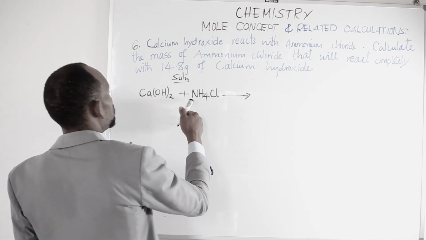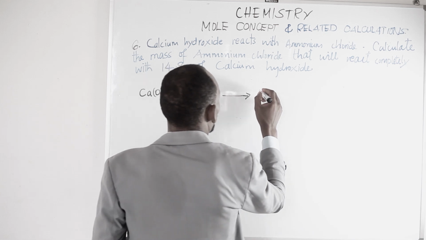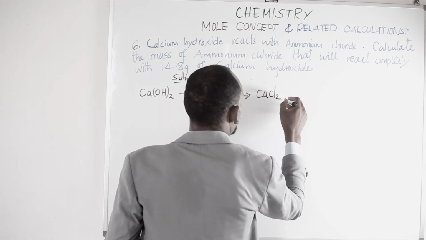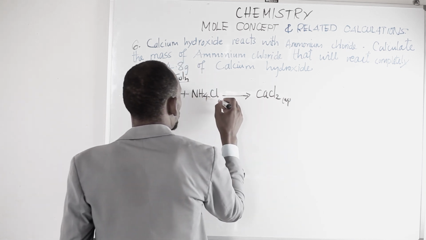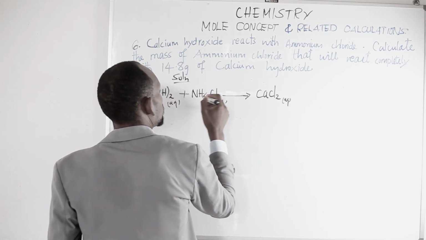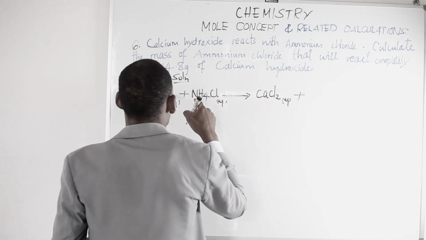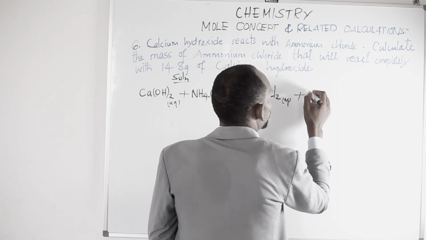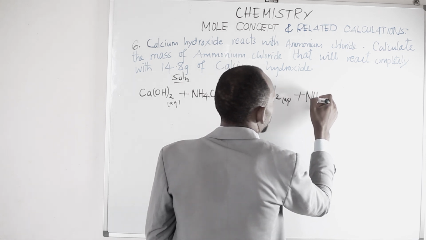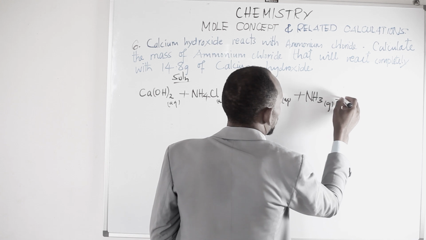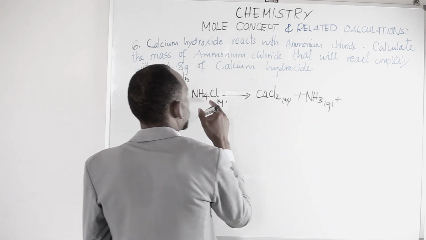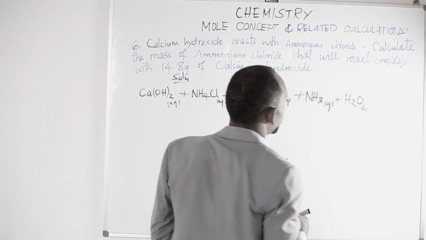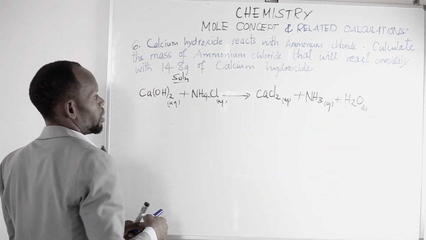So the product will be calcium chloride, aqueous. Of course, this is aqueous and this is aqueous. And another product, after ammonium reacts with hydroxide, will be ammonia gas and water. Actually, another hydrogen there will form water. This is liquid.